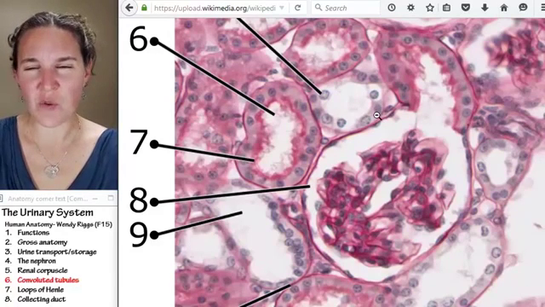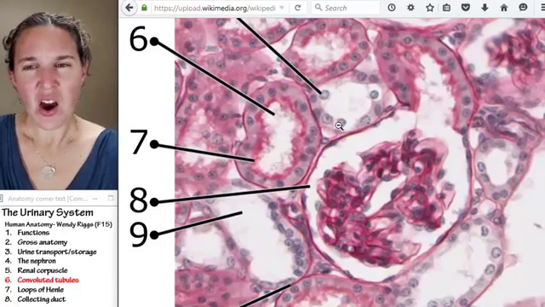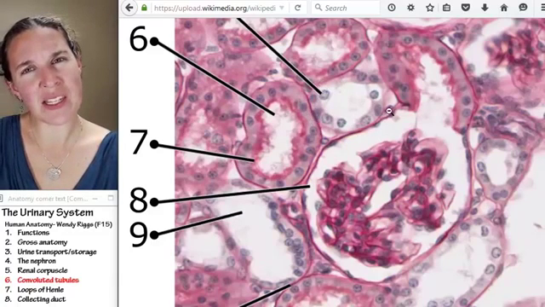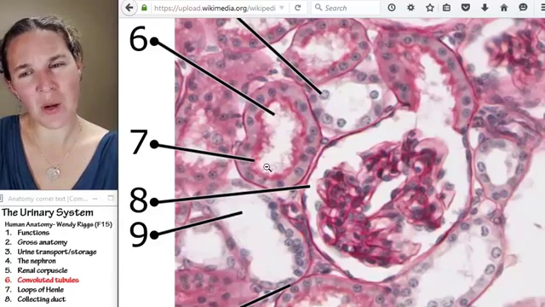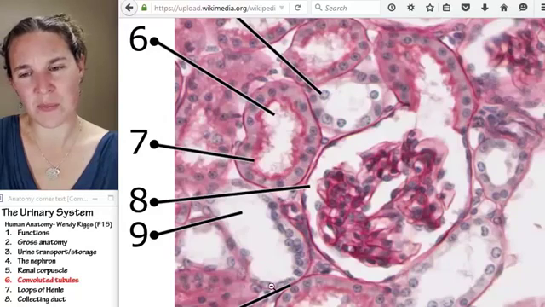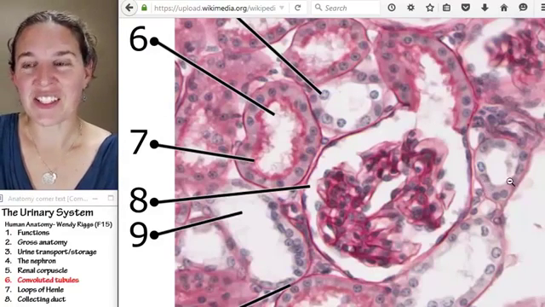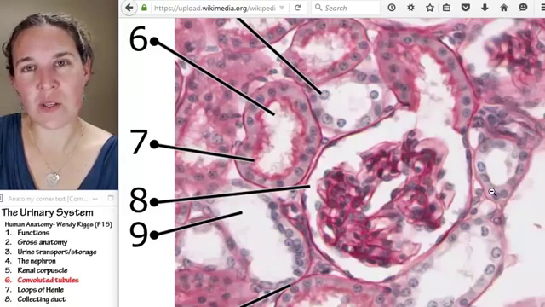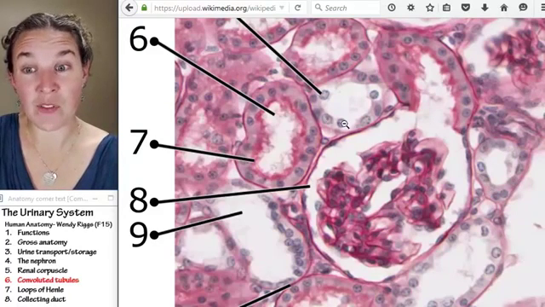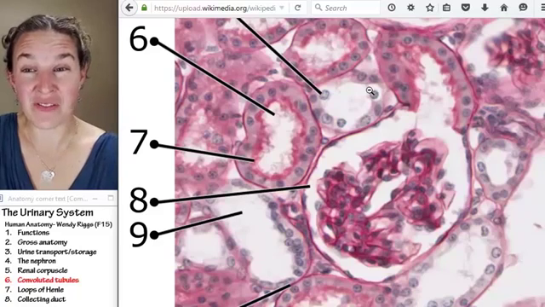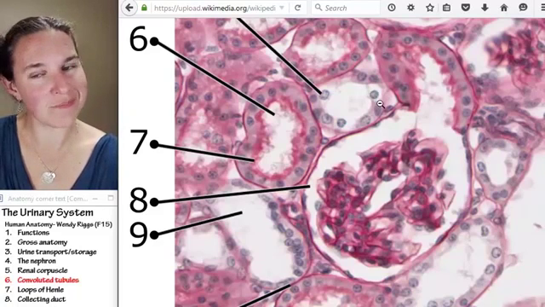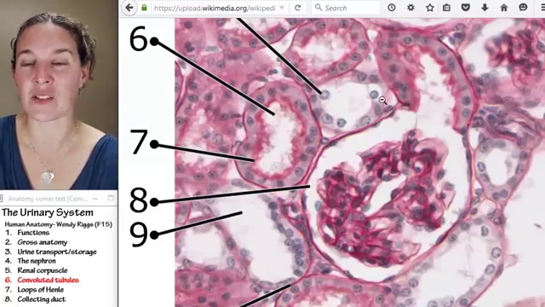And just for perspective, are these tubes lined with simple squamous epithelium? Like what kind of epithelium lines these tubes? This is good review for your final. You're going to know what kind of tissue this is because you're going to look at the shape of the nuclei. Are they flattened and squamous looking? No, they're definitely not squamous looking.